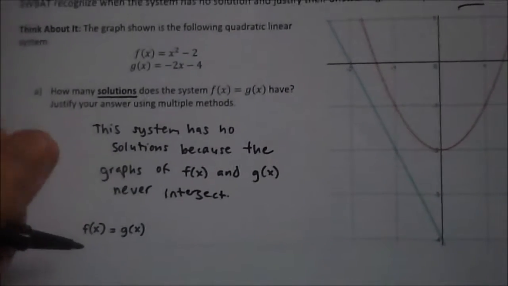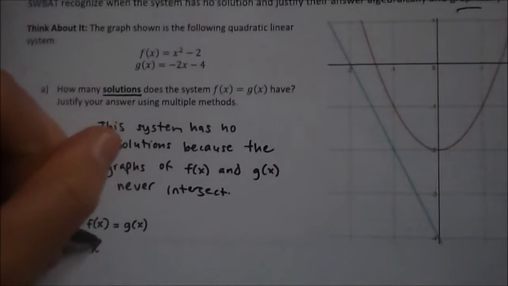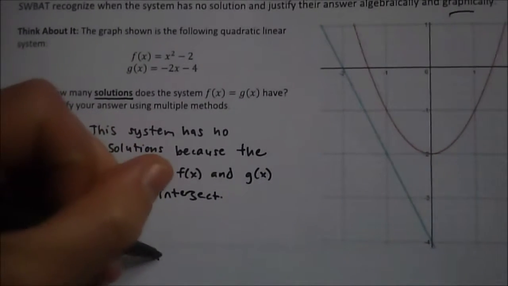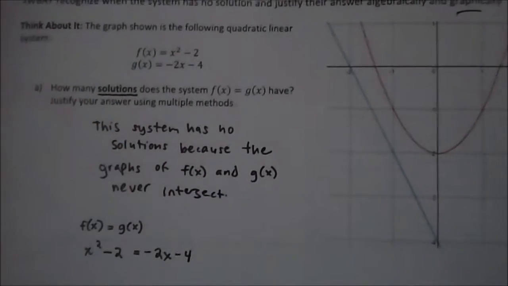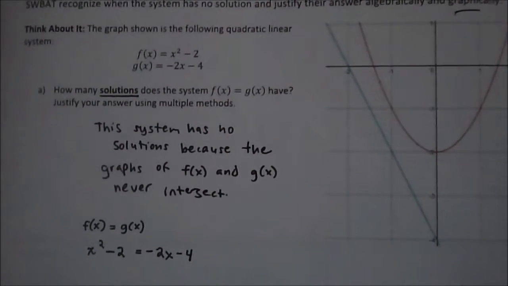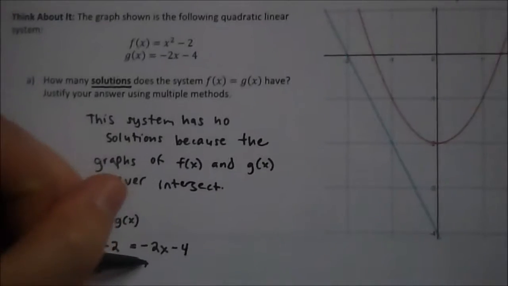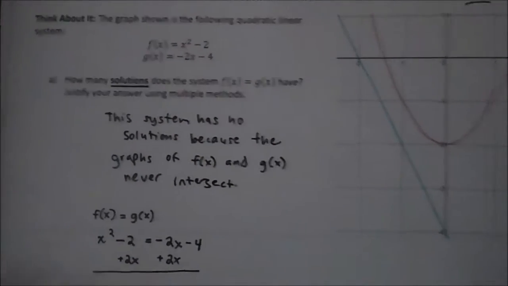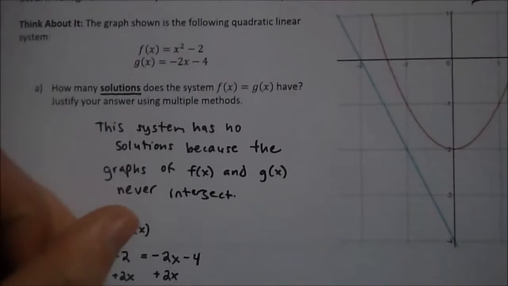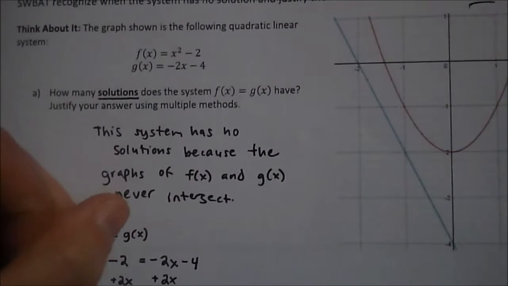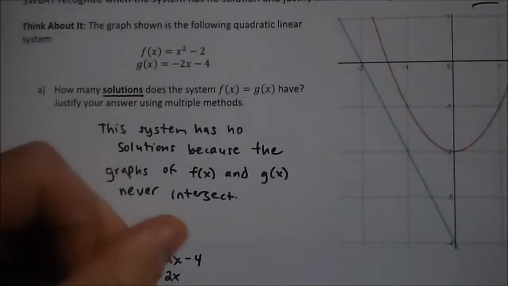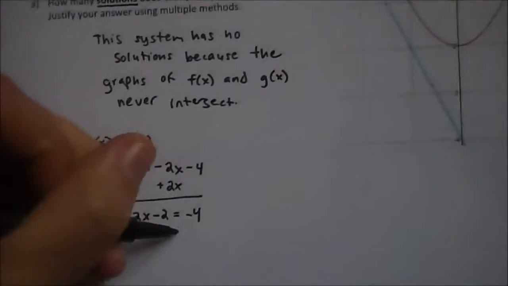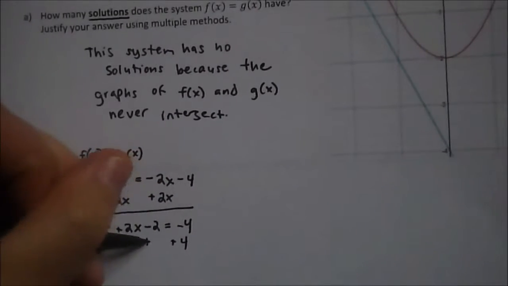So what I can do is set these equations equal to each other. x squared minus 2 equals negative 2x minus 4. When I combine all of my like terms, I add 2x to both sides, and I add 4 to both sides to get it set equal to 0.